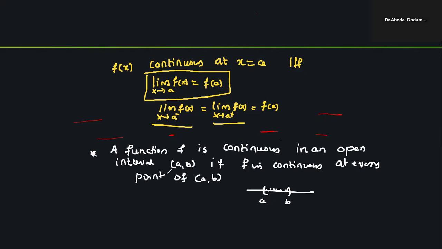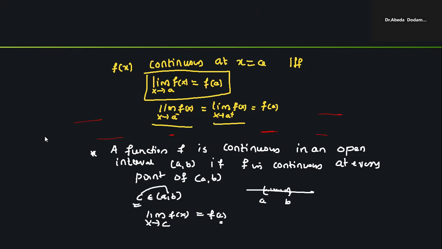And f is continuous in an open interval (a, b) if and only if for every point c belonging to the open interval (a, b), the limit of f(x) as x tends to c is equal to f(c), where c is any point in the open interval.